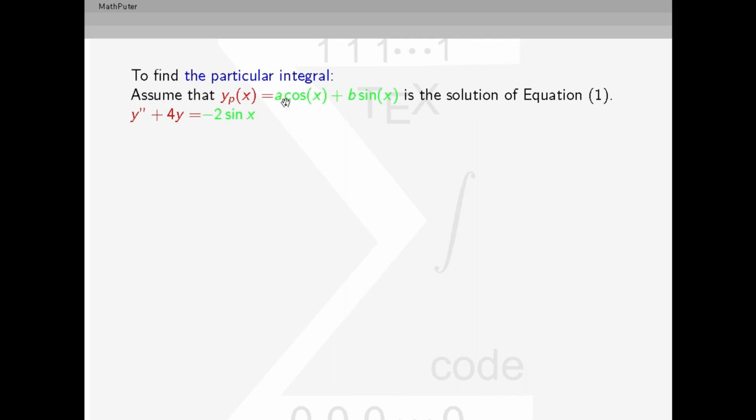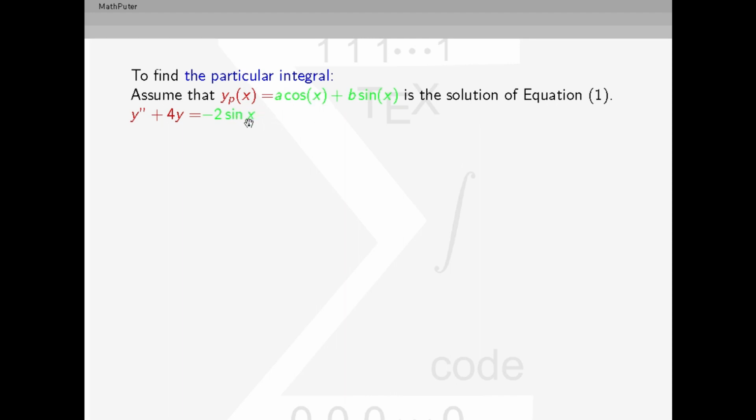Now the question arises, why did I assume this a cos x plus b sin x? We remind you from the last lecture also that for the assumption in the particular integral, we concentrate on the right hand side. If the right hand side is exponential, then we assume an exponential function. This is a trigonometric function, so I assume a linear combination of trigonometric functions.